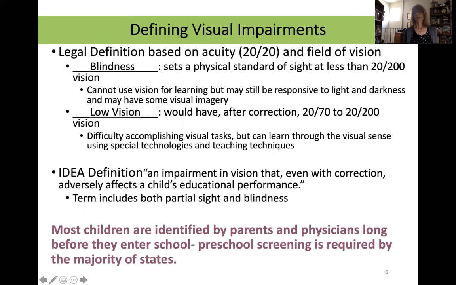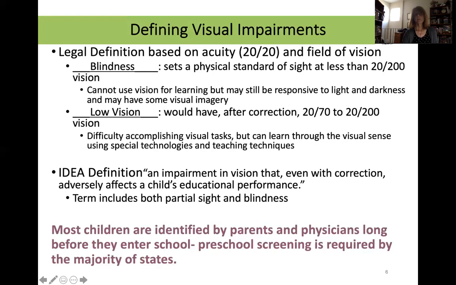Our acuity of how we see is based on 20/20, and I'm sorry, I misspoke. That statistic should be, and let me uncover it here, less than 20/200. They cannot really use vision for learning, but there may be some residual responsiveness to light. Low vision is considered after correction to be between 20/70 and 20/200.